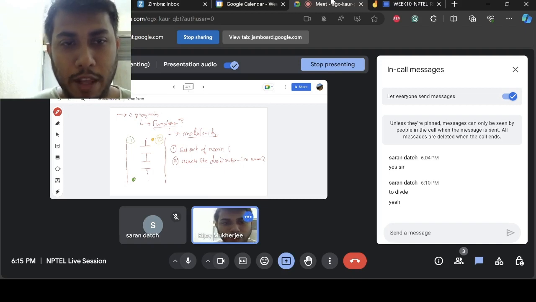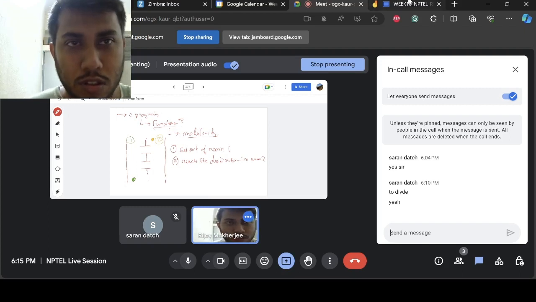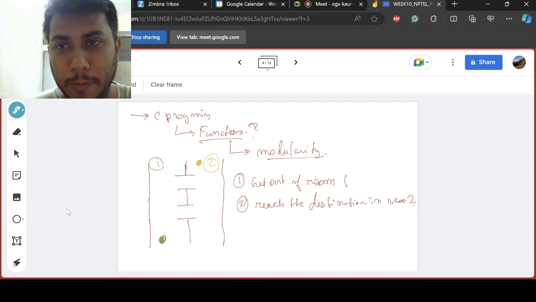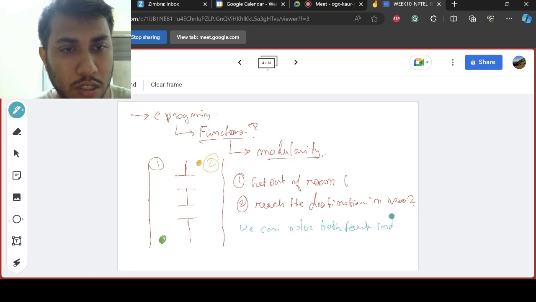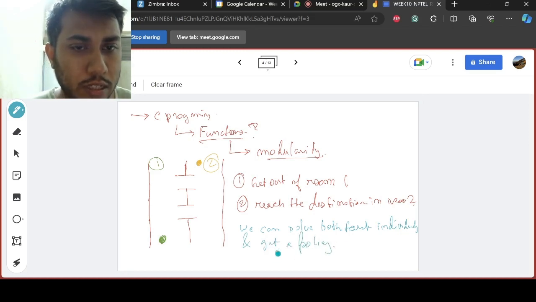So you can solve them individually and get a policy. So we can solve both tasks individually and get a policy, right?